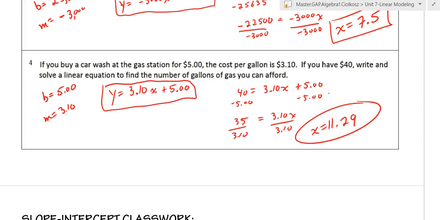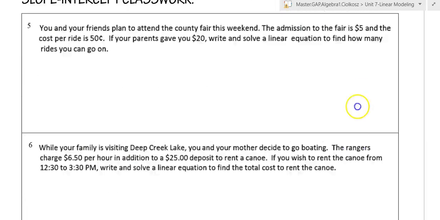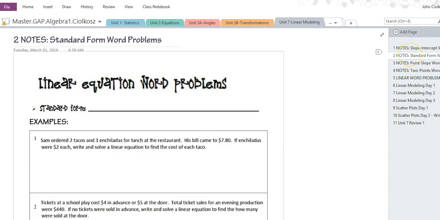So here, we can buy about 11.29 gallons if we round. The rest of these problems will be left to you to solve. So you're working on numbers 5, 6, 7, 8. Once you've completed those, we're going to go ahead on to notes 2.